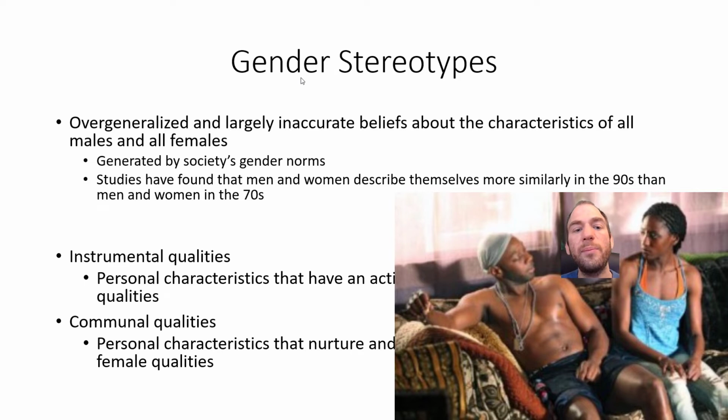They're generated by society's gender norms. Studies have found that men and women describe themselves more similarly in the 90s than men and women in the 70s. Instrumental qualities, personal characteristics that have an active impact, are stereotypical male qualities. Communal qualities, personal characteristics that nurture and bring people together, are stereotypically female qualities.